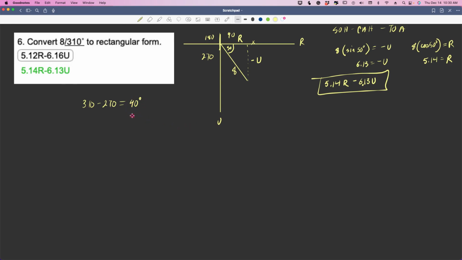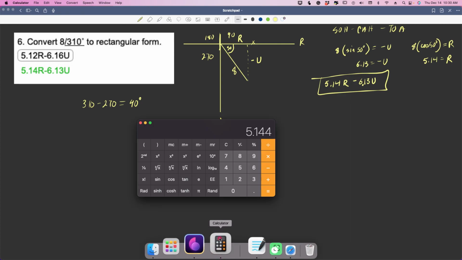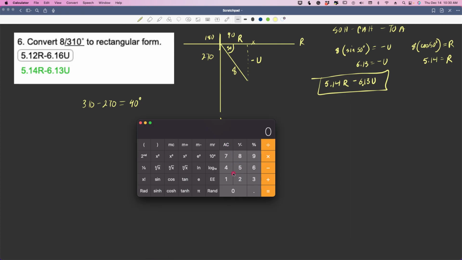I'm wondering if you used the 40 degrees instead of the 50 degrees. I don't know if that would make that big of a difference, or that minor of a difference, I should say. So maybe that's where you messed up. I'm not sure. Let's try it and see. If you did 40 degrees, so 40 sine times 8 is still 5.14.